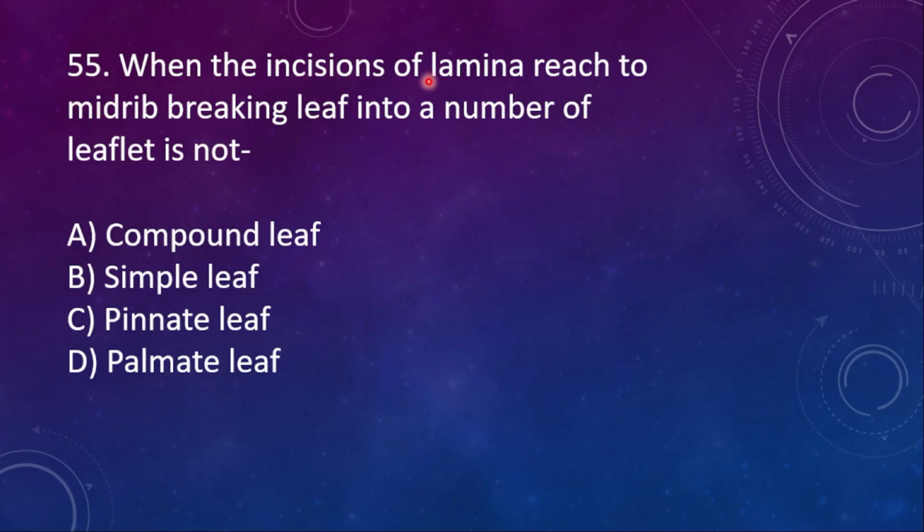When the incisions of lamina reach the midrib, breaking the leaf into a number of leaflets, is it option A, compound leaf, option B simple leaf, option C pinnate leaf, option D palmate leaves. So here the right option is compound leaf.